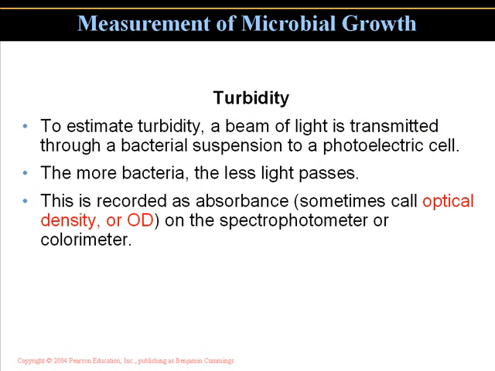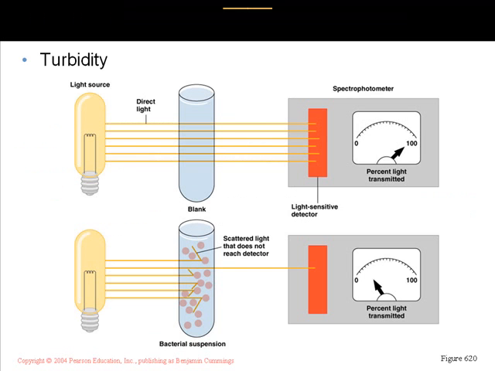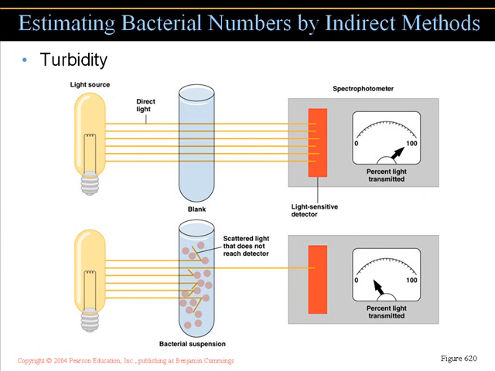The last concept that I wanted to talk about is turbidity. You can estimate the turbidity by shining a beam of light through a solution. A bacterial suspension can demonstrate turbidity based upon its ability to allow light to pass through. This is recorded as absorbance, called optical density, and a spectrometer is used to determine the number of bacteria.